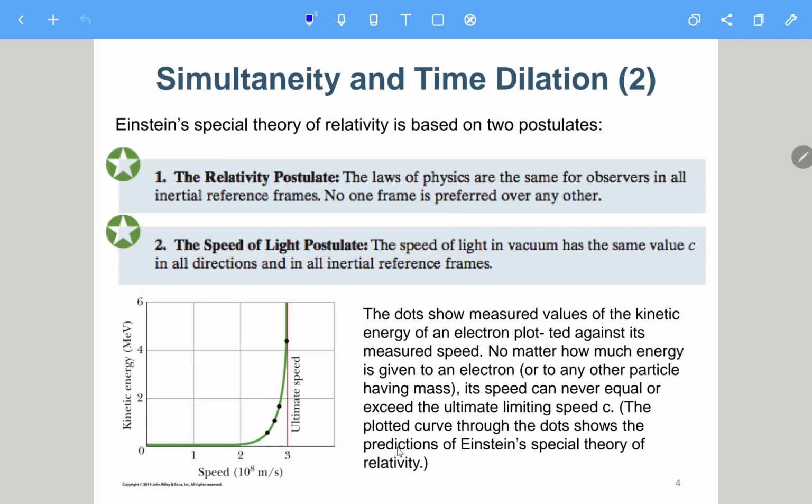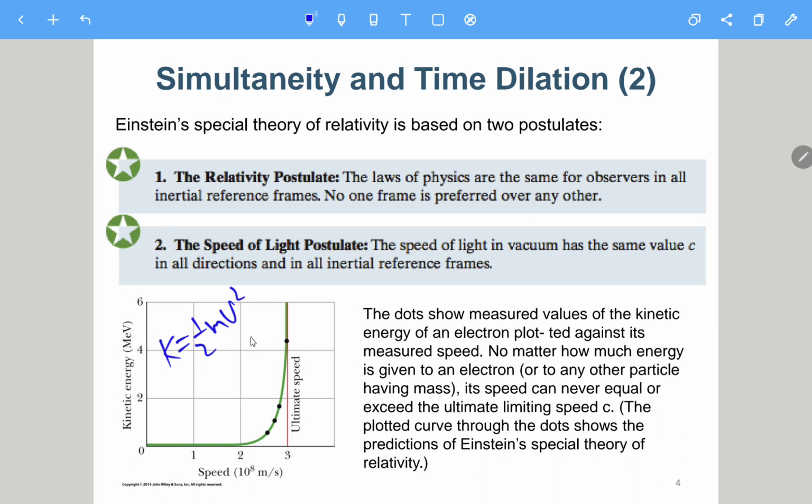And of course there are some experiments that imply this. One is that physicists try to accelerate particles, but the particle can never reach the ultimate speed, which is the speed of light, 2.998 times 10 to the 8th power. They tried to increase the energy of the particle, but it can never reach it, because according to classical mechanics, we know that K equals half of mv squared, which means that if you increase the kinetic energy, then the velocity should be greater than the speed of light at some point.